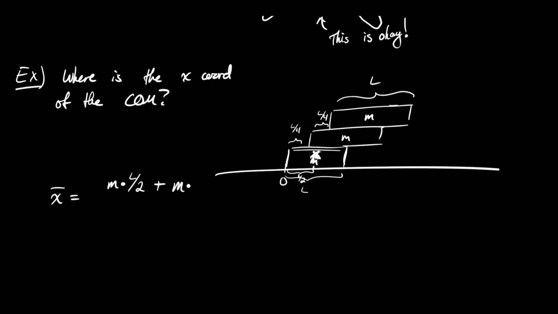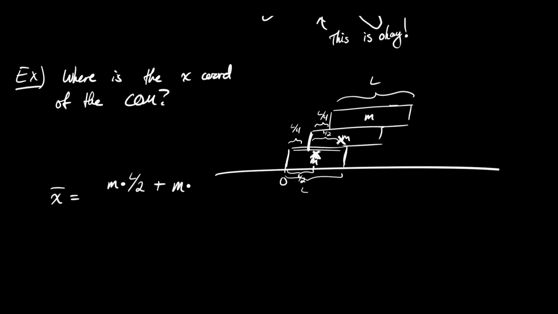Well, let's see. I kind of did a bad drawing here. The x-coordinate is going to be somewhere vaguely over here. Let's see how we can find the location of this x. One thing we do know is it's halfway in the brick, so it's L over 2 away from the left edge of the brick.